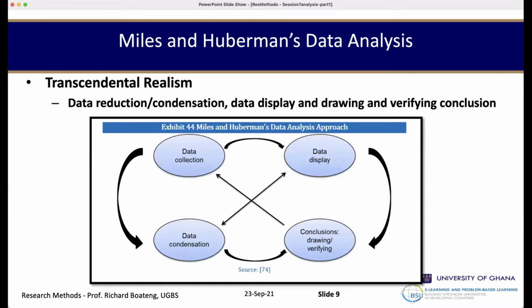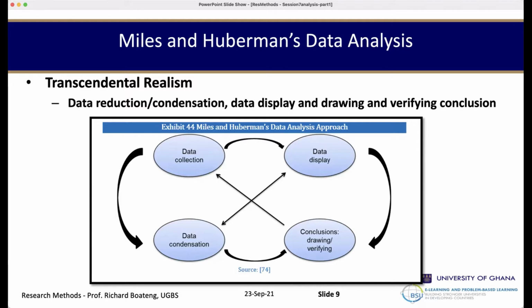So Miles and Huberman present an analytic model that explains that data analysis starts from data collection, goes to data display, data condensation, and then a conclusion point where you have to draw and verify your conclusions. So he's saying that there are about four key building blocks within data analysis.